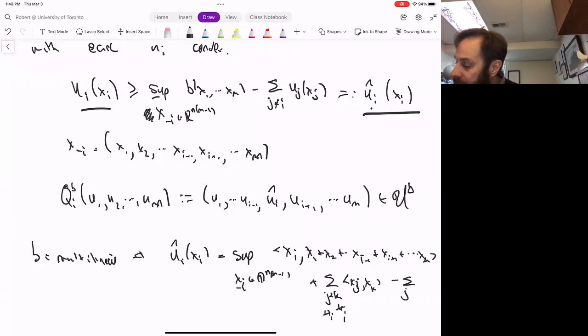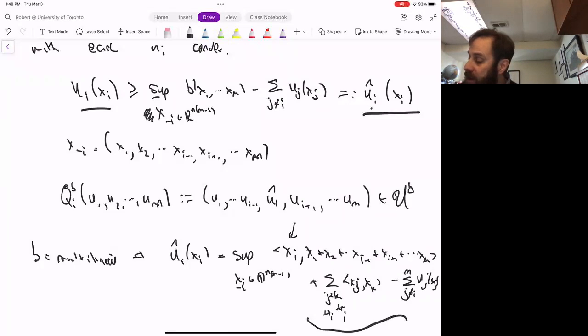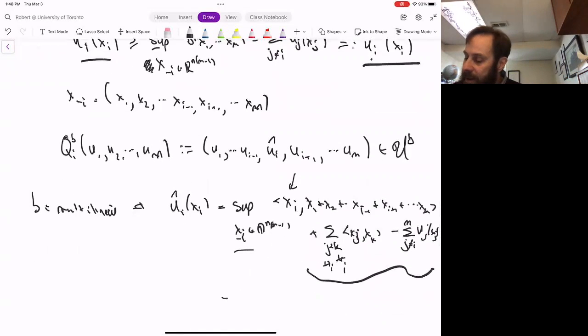And then there's finally the sum as j counts from 1 to m, but j different from i, of the jxj. And so the point is that the only xi dependence is here. And so this is some linear function of xi plus constants that depend on the parameters. But when I take a supremum over a collection of linear functions, that means it's a convex function of xi. Does everyone see that? Are there any questions about that?